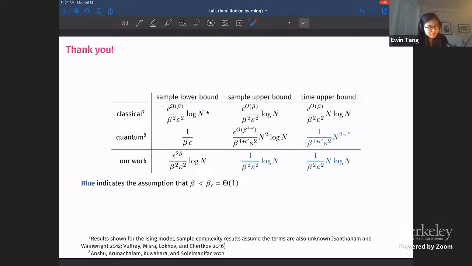All that you need to do is, whenever you have a sample, you can reuse that sample for a fraction of n many different terms, just because you can find a bunch of terms that have sort of disjoint support, and then you can use one sample as an estimator for all of these different terms, because you're measuring different parts of the space in order to get these expectation values.